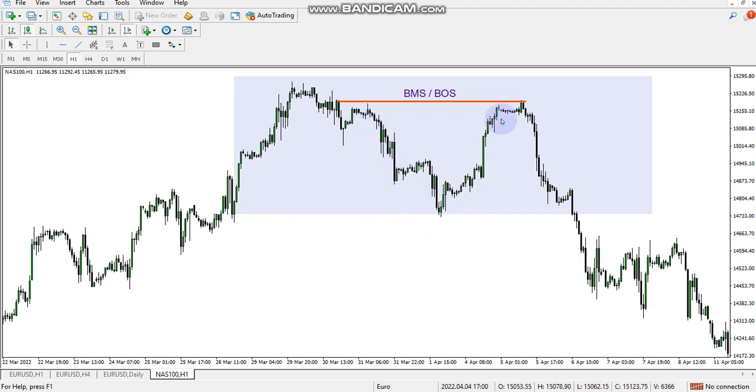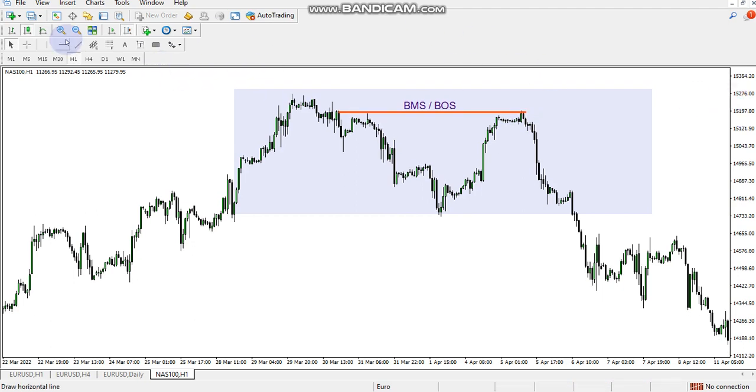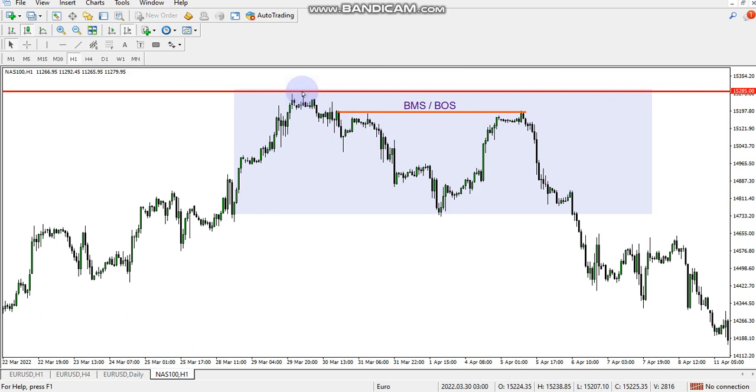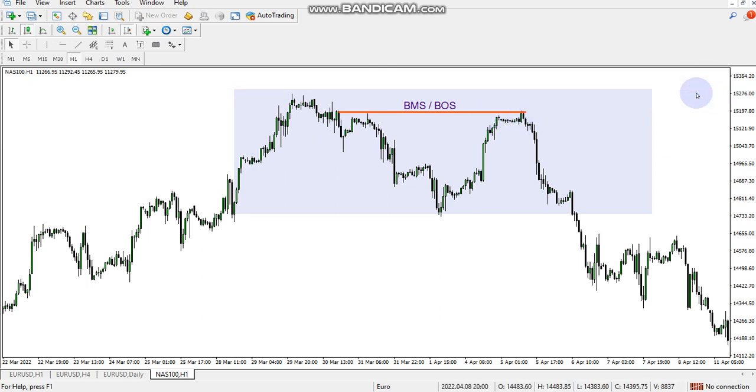It's no longer going up because it's failing to break above this high. If the market was really going up, it should have broken this higher high. Now it's breaking below here, and from here you see a nice confirmation. The market structure has shifted.